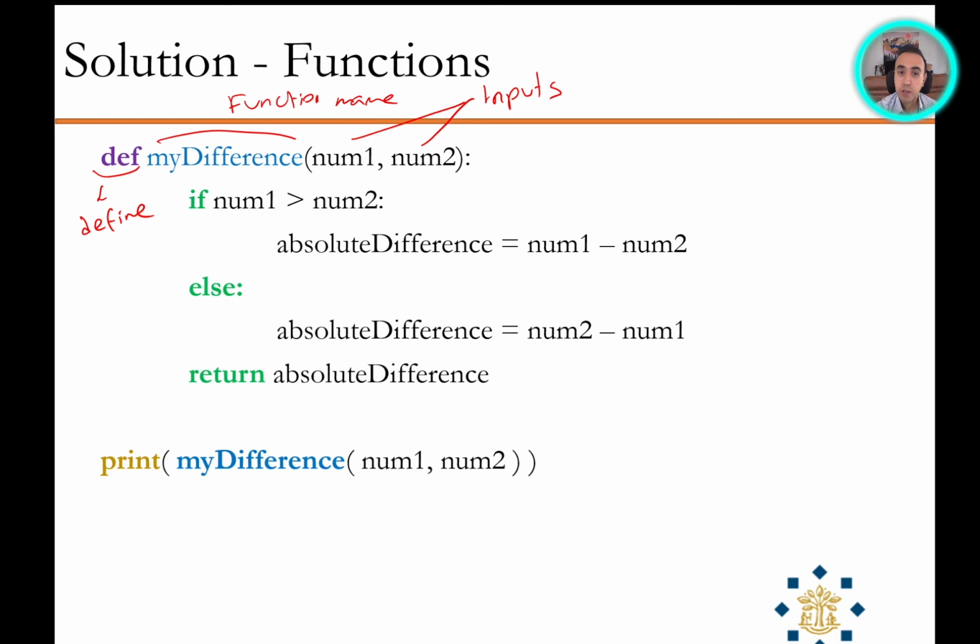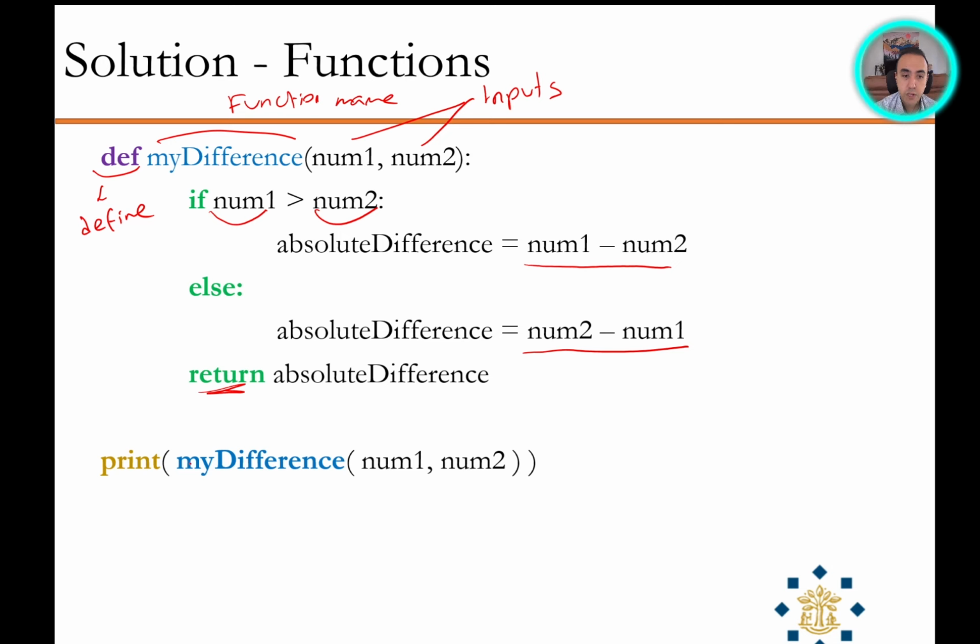So without knowing what they are, they can be any numbers. So we have no prior information. We just check if the first is greater than the second, we go first minus the second. Else, that is, if the second is greater than the first, then we go second minus the first. Finally, we return the absolute difference that we calculated here.